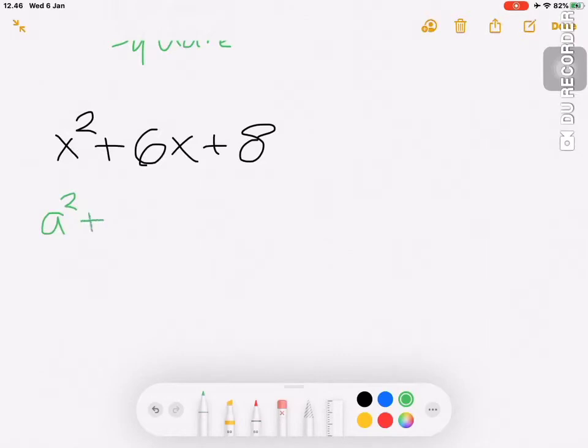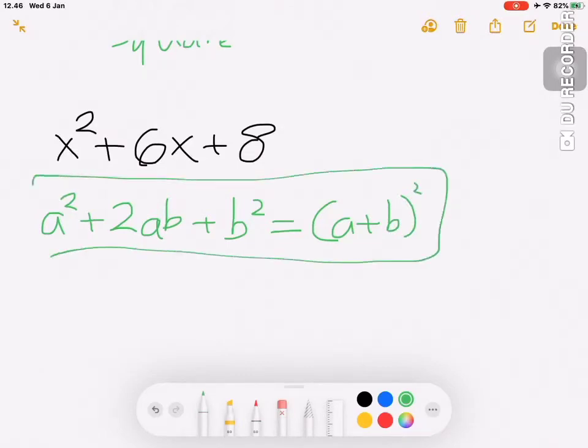We call the factoring of a perfect square, in the form of a squared plus 2ab plus b squared, this can be factored as a plus b in the parentheses squared, like so. So this is the essential tool for completing the square.